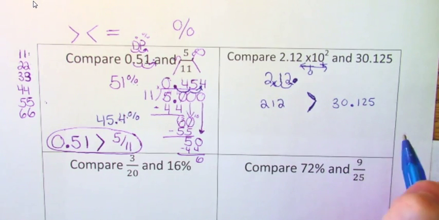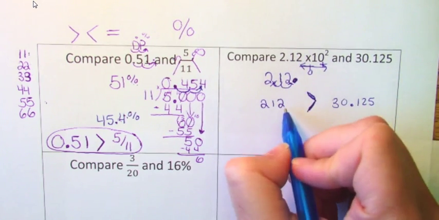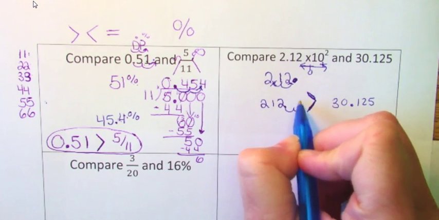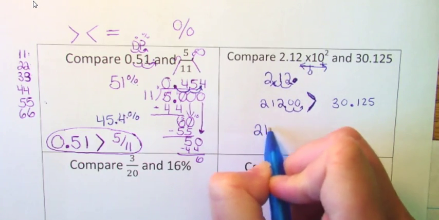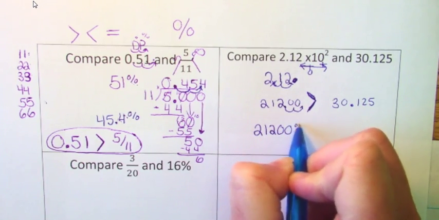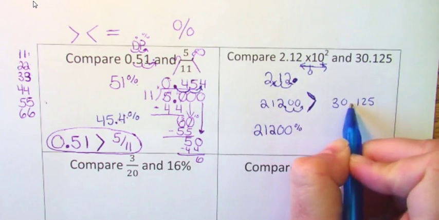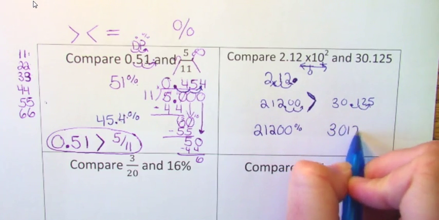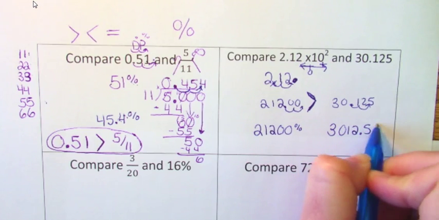Now, if you wanted to go ahead and get in the habit of turning things into percentage, remember to turn this into a percentage. We'd have to move 2 more times this way. So, oh my goodness, it would be a huge percentage. 21,200%. We would have to move this decimal 2 times this way. So this would be 3,012.5%.